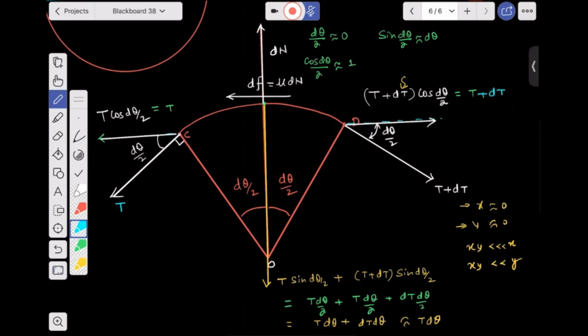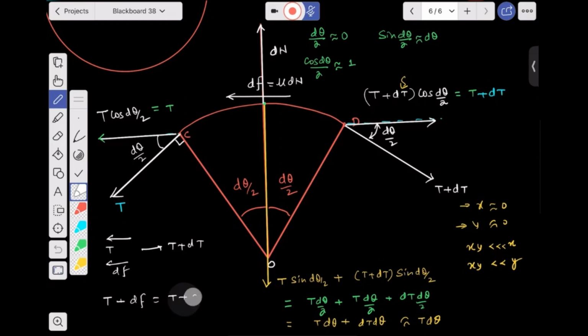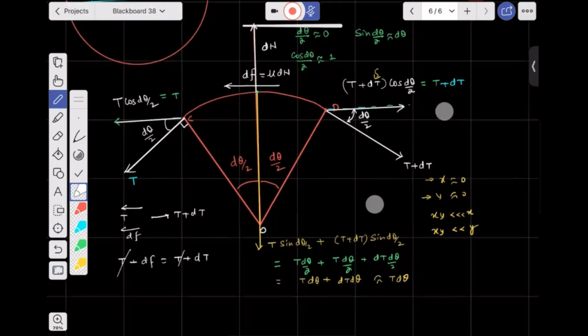So for the forces in the horizontal direction, I have T this side, dF this side, and T plus dT this side. It means dF must be equal to dT, because I am cancelling out the net force in the horizontal direction. So T plus dF must be equal to T plus dT. I'm not neglecting the dT here. These two get cancelled, so we have dF equals dT.